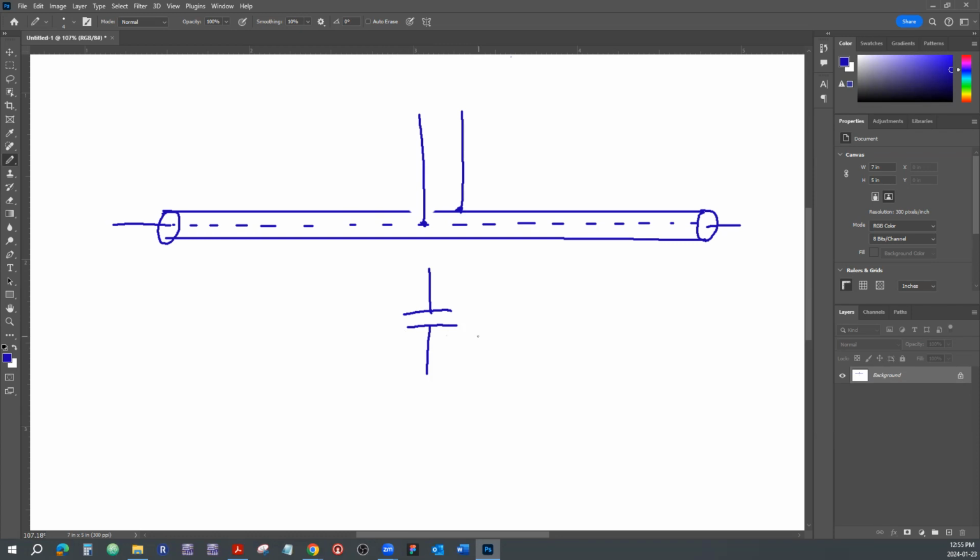Now, capacitance depends on the size of the plates, how big those plates are, and the distance between them. So if we connected things like that, we could make a capacitor out of the coaxial cable.